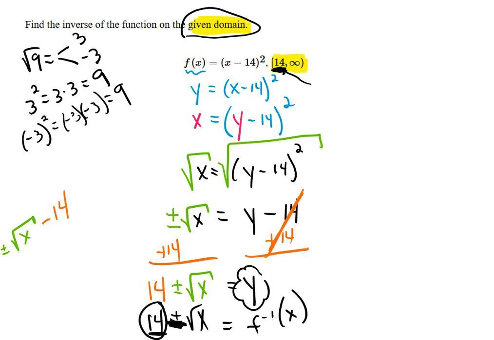And if you subtract something from it, then you're going to be going smaller than that 14 up there. So you can't have the negative part. You have to take the negative part out. So my answer should just be the 14 plus the square root of x. Take out the negative because that will give you something smaller than 14.